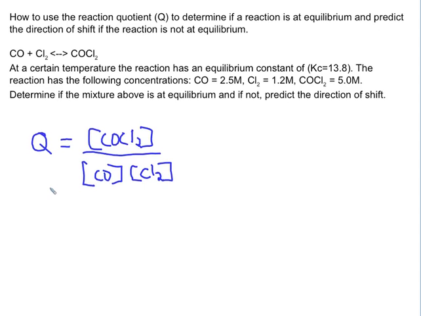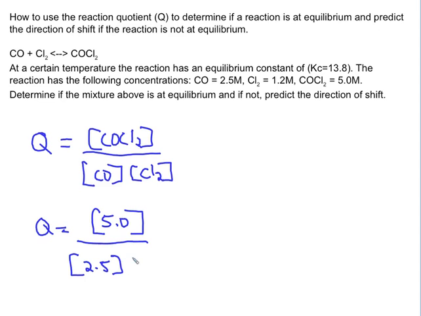Then you plug in the numbers. Q is equal to COCl2, which is 5.0 molar, and then the CO is 2.5 molar, and the Cl2 is 1.2 molar.